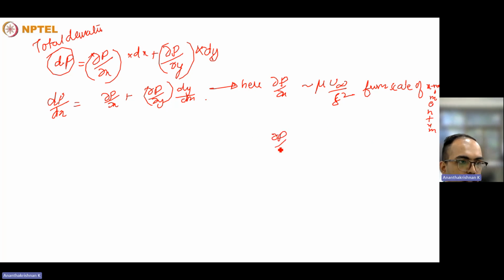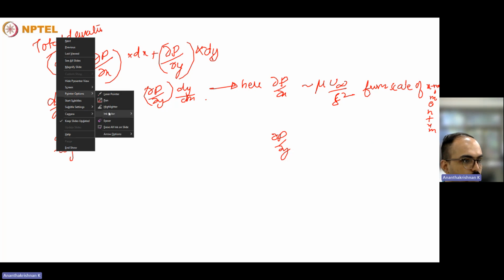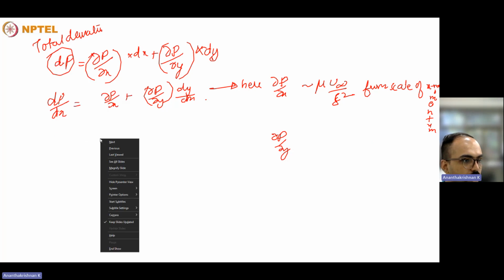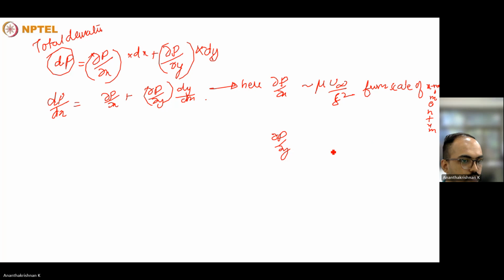Similarly, ∂p/∂y we can get from the scaling analysis. ∂p/∂y will be equal to mu v divided by delta squared.